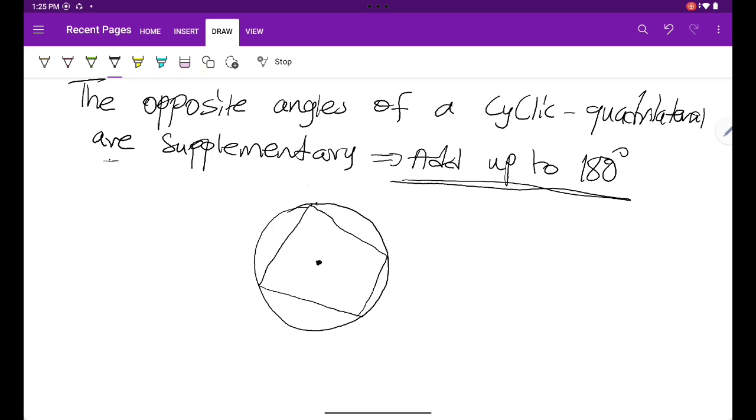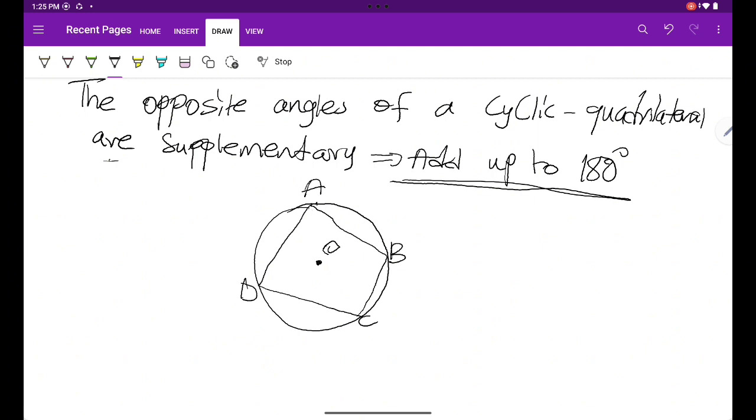So we say we have a cyclic quadrilateral ABCD with a center O. Right, so we need to prove that the opposite angles, now the angles which are opposite are angle D and angle B, or angle A and angle C are opposite.